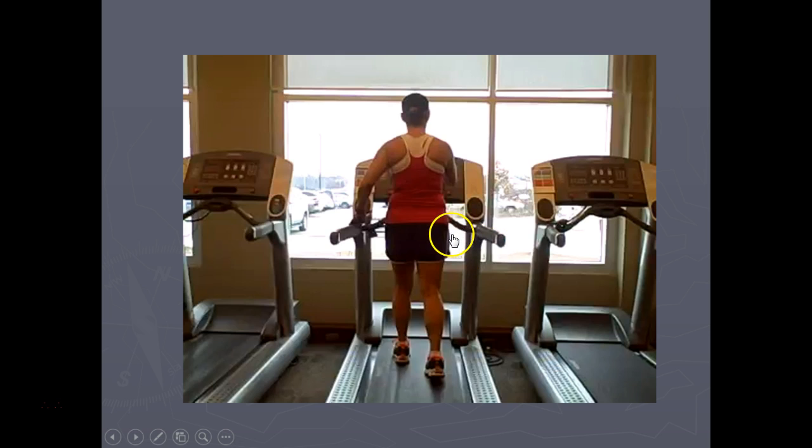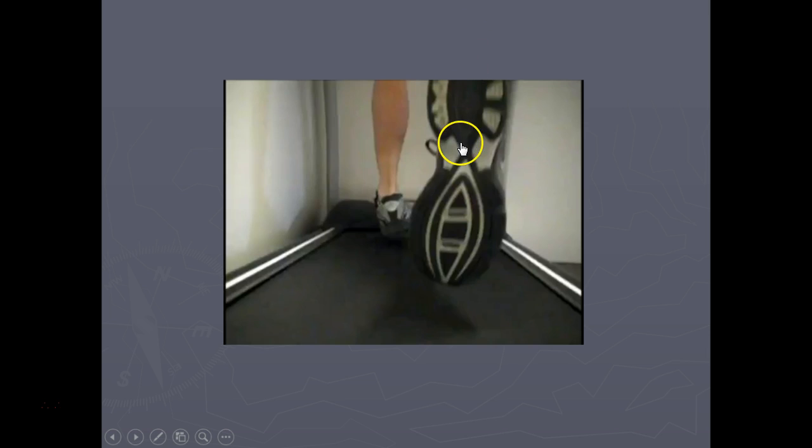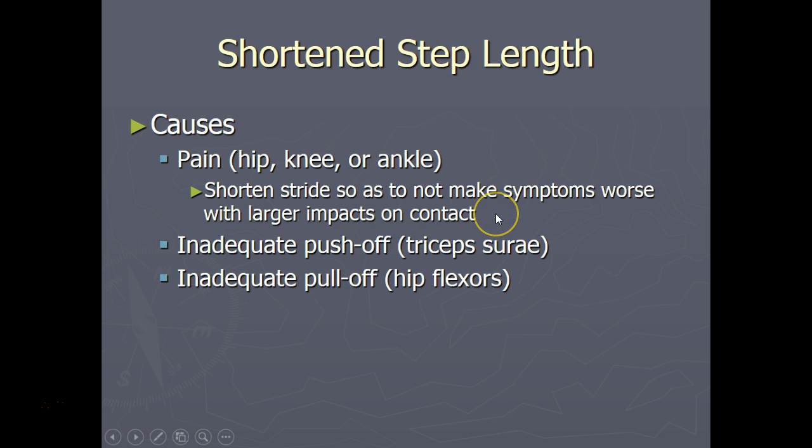But we'll look at these gait patterns in lab. I'll keep going. Okay, so a shortened step length. What would cause someone to have a shortened step length? One of the things that would cause someone to have a shortened step length, and most often when we see it, is following some type of injury to the lower limb.